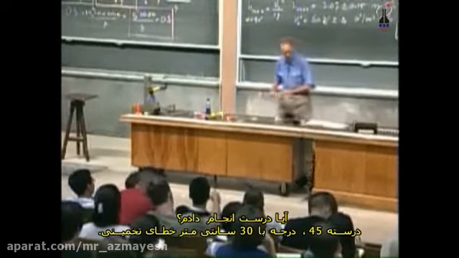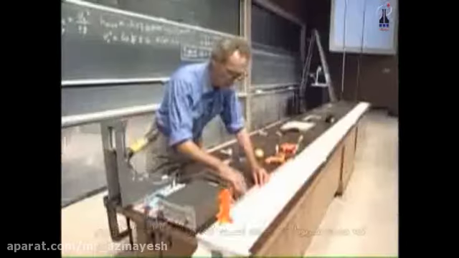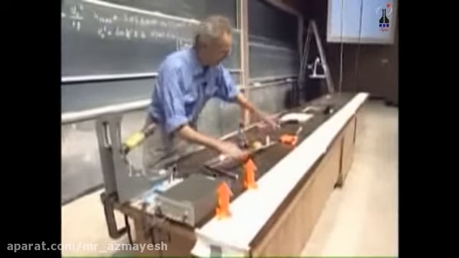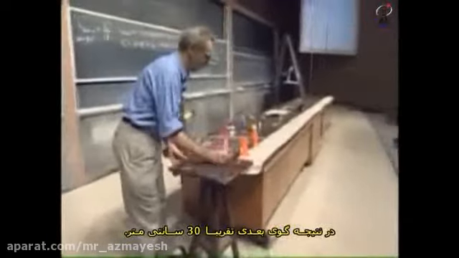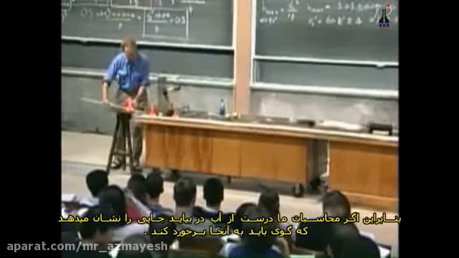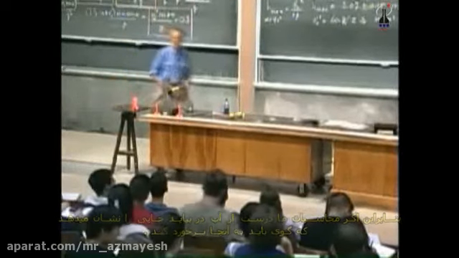That is correct. 45 degrees, a 30 centimeter uncertainty. That is all the way up to here. And then the next one, roughly 30 centimeters. So that's where, if our calculations make sense, that's where the ball should hit.